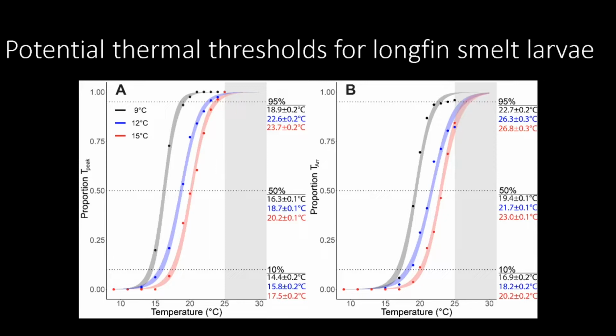So 10% is obviously the most cautious temperature to use. 50% indicates a temperature where any increase will lead to a very rapid increase in the proportion of individuals that are at their thermal limit, because the slope of this increase in the proportion is the highest in this 50% range. And then the 95% threshold indicates where you would have a catastrophic event, essentially.